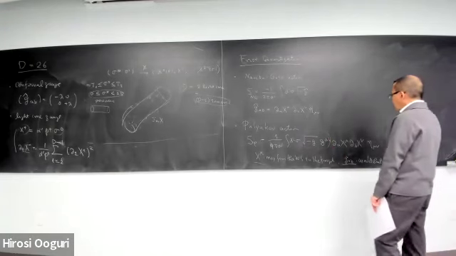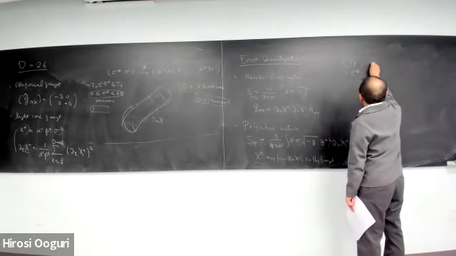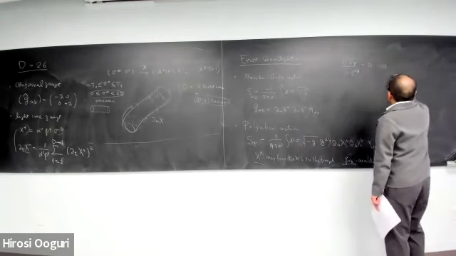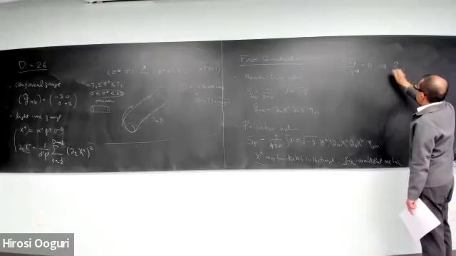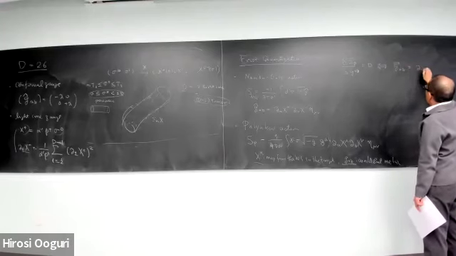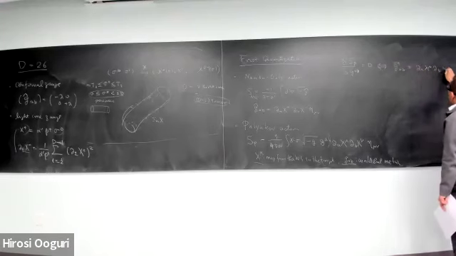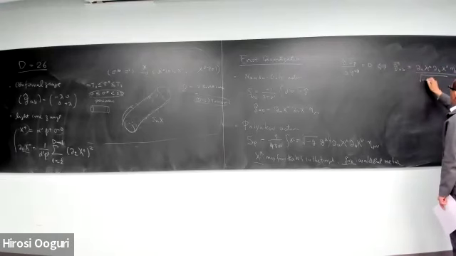You can actually show that by solving this equation, and then substituting, G is given by ∂_A X^μ ∂_B X^ν η_μν, divided by the square root of the determinant of the same thing.